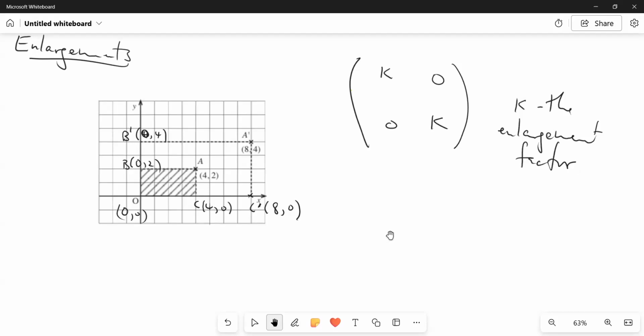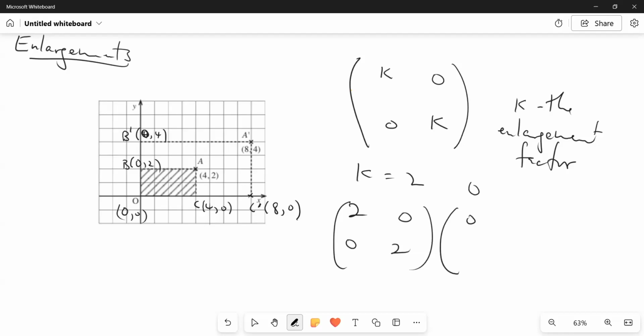So what we could do with these points is take this here, because it seems as though the enlargement factor is 2 here, right? K is equal to 2 in this case. Doesn't it seem that way? Everything seems to double. So you put 2, 0, 0, 2, multiply by, well, the origin O, 0, 0.